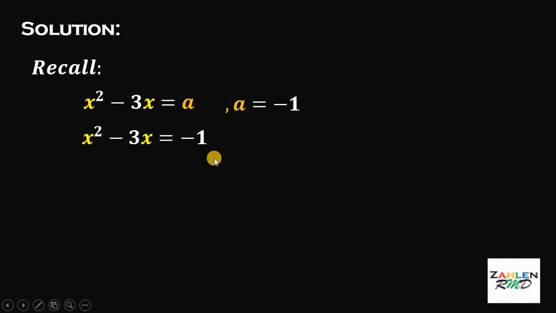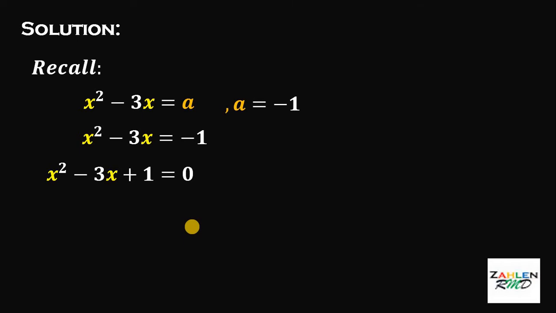Now add 1 to both sides and that will give us x squared minus 3x plus 1 equals 0. Now at this point, checking the discriminant of this equation, we will get 5, and 5 is not a perfect square. It also tells us that this quadratic equation is not factorable. Therefore, we will use the quadratic formula to solve for the value of x.